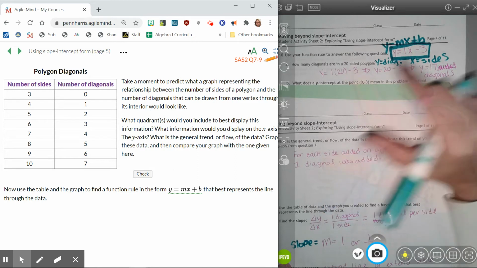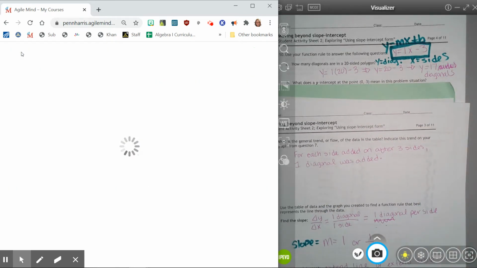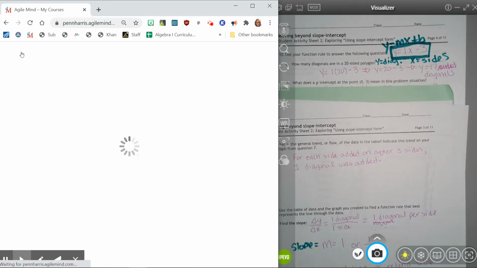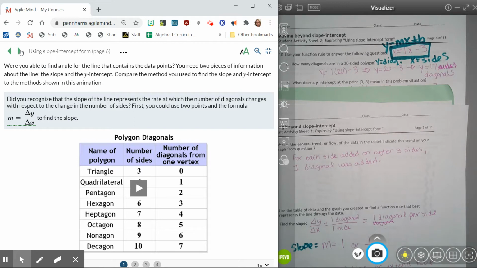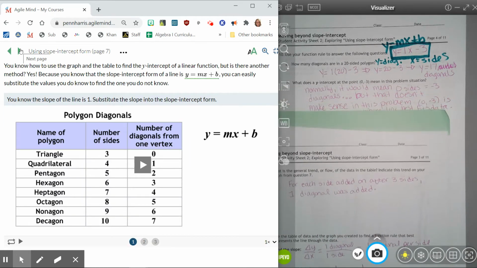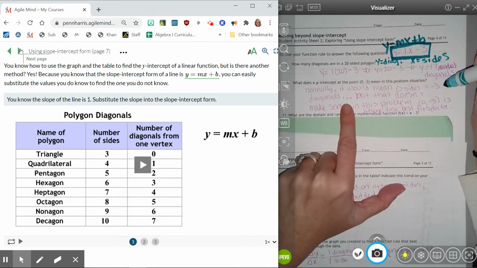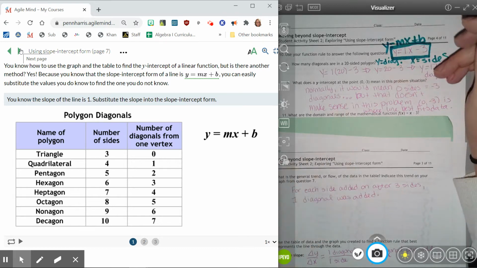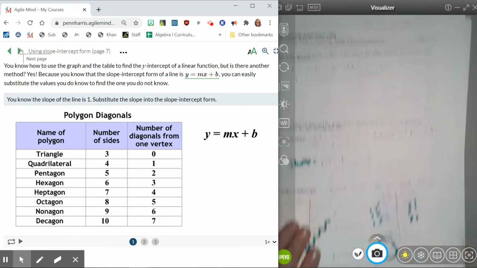Okay, so now they want to know, what does the y-intercept at the point (0, -3) mean in this particular problem? Okay, and what that means is that normally it would mean 0 sides equals -3 diagonals, right? 0 sides, that's what our table told us over here. 0 sides was -3 diagonals, but in real life, that doesn't make sense.